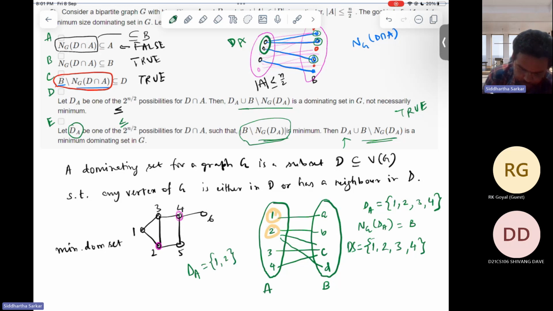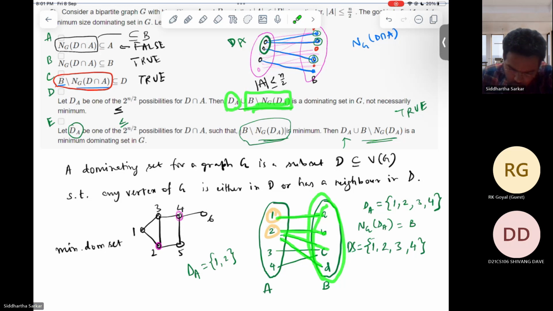Now we have claimed that DA union B minus neighborhood of DA. What is the neighborhood of DA? Neighborhood of DA is everything in B. So B minus neighborhood of DA is empty. So this entire thing is nothing but 1 and 2.